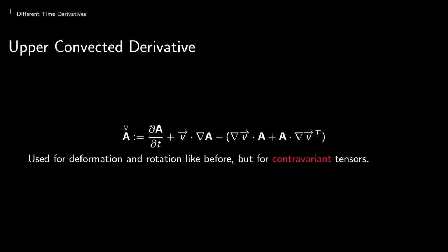There is also an upper convected derivative. It is similar to the lower convected derivative, however there's a minus sign leading up to the latter terms, and that handles contravariant tensors. In tensor mechanics, you have covariant and contravariant tensors. All of these depend on a basis of vectors.